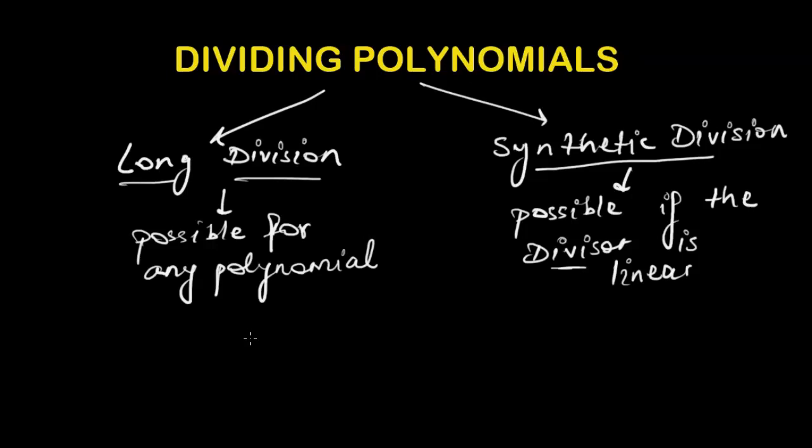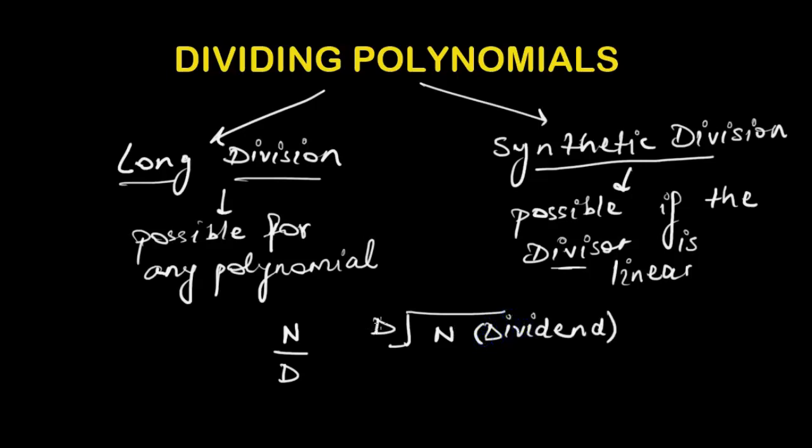Remember, whenever we divide two things, for example if we have something in the numerator and something in the denominator, we put the numerator inside the division bracket and the denominator stays outside. The numerator that goes inside the division bracket is called the dividend. The denominator that divides the dividend is called the divisor.